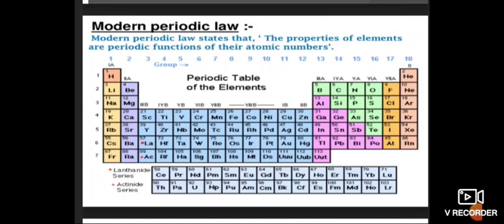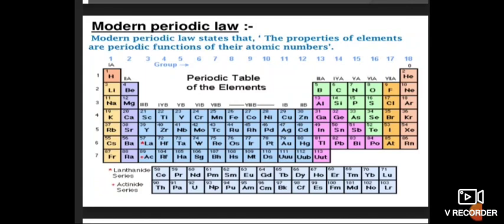Another anomaly is the explanation for the position of cobalt and nickel. When Mendeleev arranged cobalt and nickel in increasing order of atomic mass, he placed them on the basis of chemical properties. Now in the modern periodic table, cobalt and nickel are arranged in increasing order of atomic number, which shows that Mendeleev's arrangement was correct.